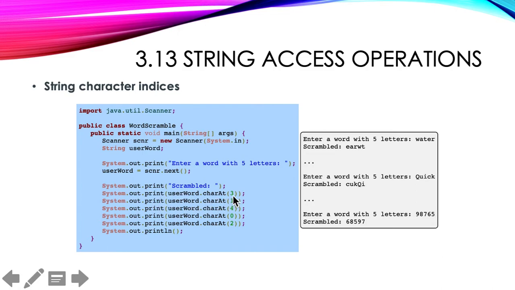Let's say the character at number 3, water, 0, 1, 2, 3, which is E first, and then followed by character 1, 0, 1, which is A, character 4, 0, 1, 2, 3, 4, R. Character 0 is W, and last but not least, character 2, 0, 1, 2 is T. So basically it's the same for the rest.